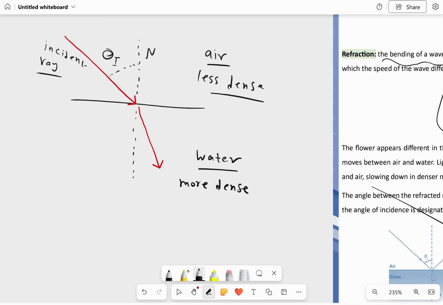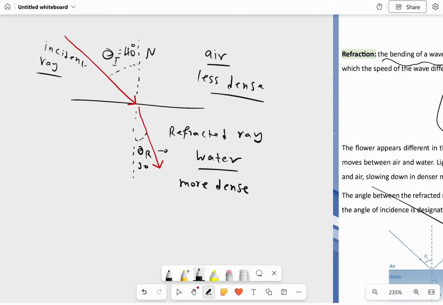So let's say this angle theta I is equal to 40. When light refracts, this angle theta R is going to be equal to 30. This is called the refracted ray, by the way, and this is called theta R. Now, if I told you define angle of refraction, angle of refraction is the angle between the normal line and the refracted ray.